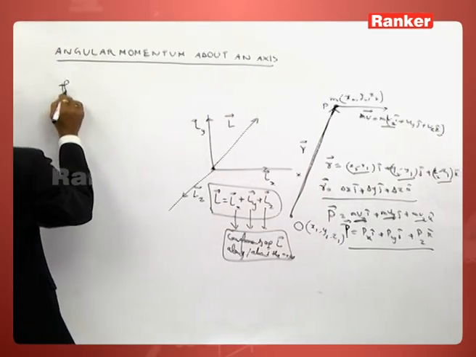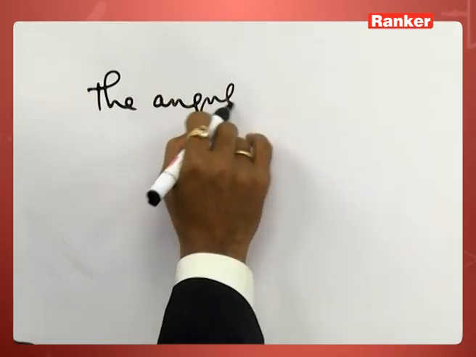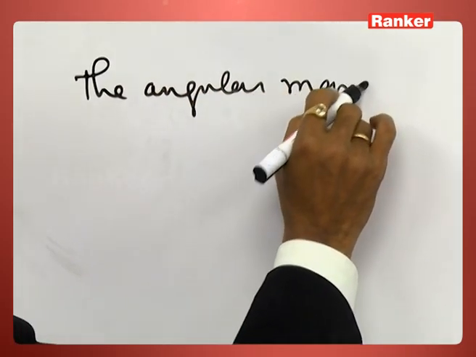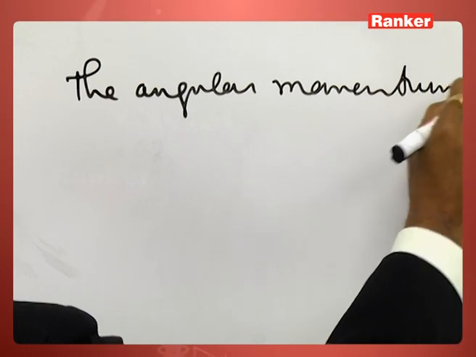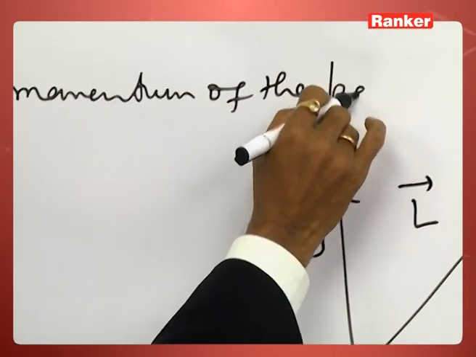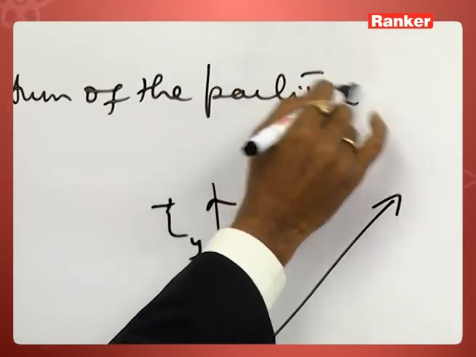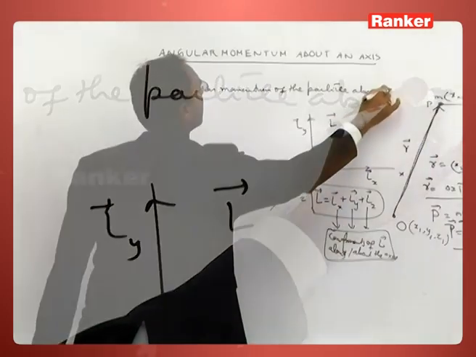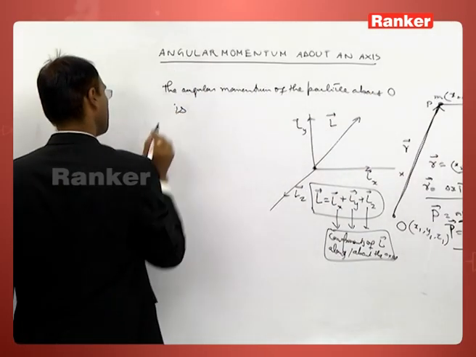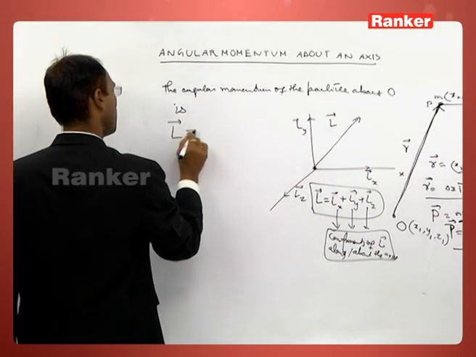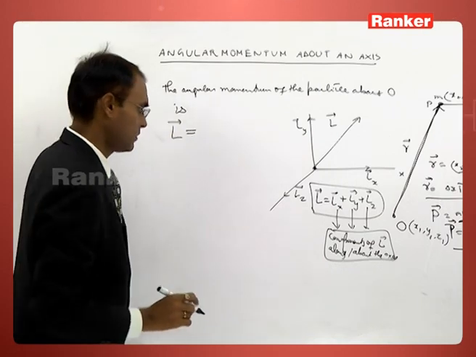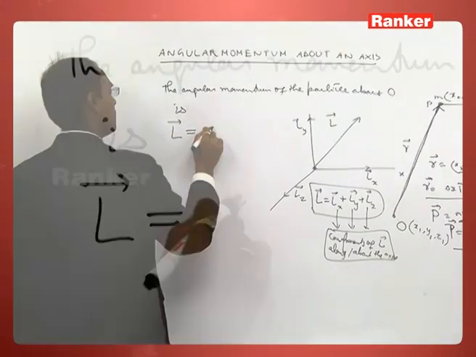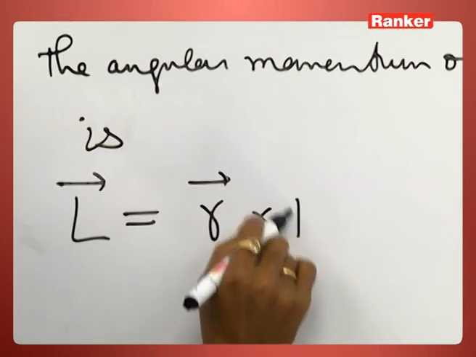The angular momentum of the particle about O is given as L is equal to r cross p.